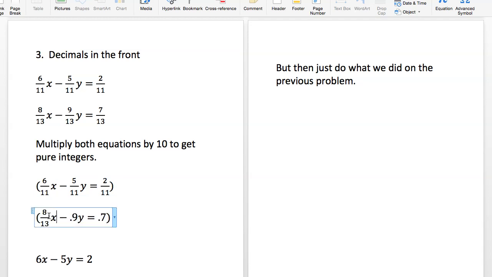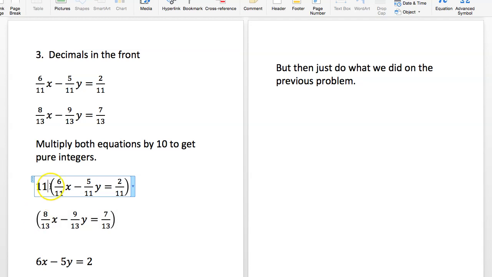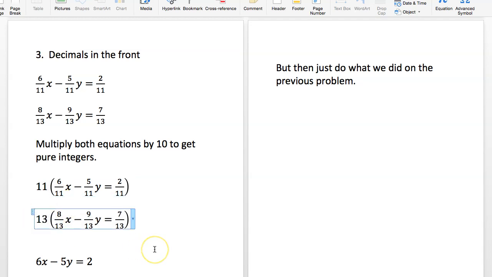I just fix it. So if I make something wrong, I want to fix it, or at least I'd like to. Now, stick 11 there. If I divide you by 11, to fix you, I multiply by 11. And likewise here, I multiply by 13.